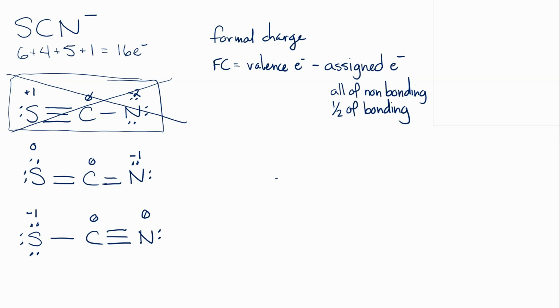Okay, second thing to look for is where the charge lies. And these bottom two structures both have just that single atom with a -1, but it differs which atom that is. And when we're picking between these, we want to look at the electronegativity listed in the periodic table. Nitrogen has an electronegativity of 3.04, and sulfur has an electronegativity of 2.58.